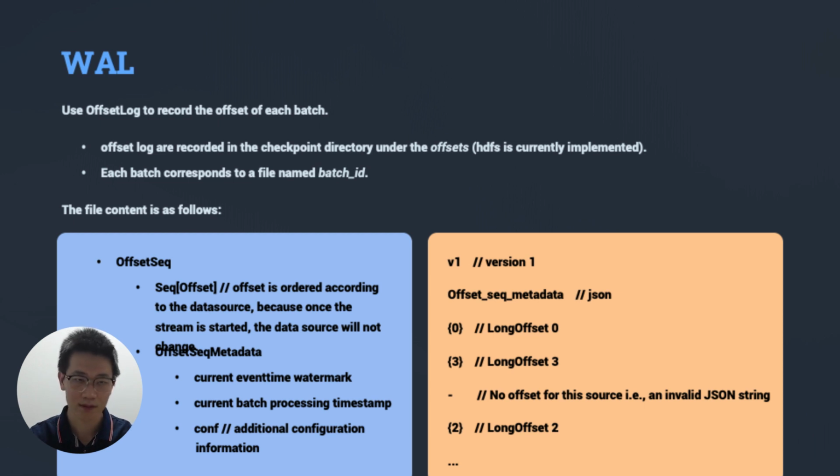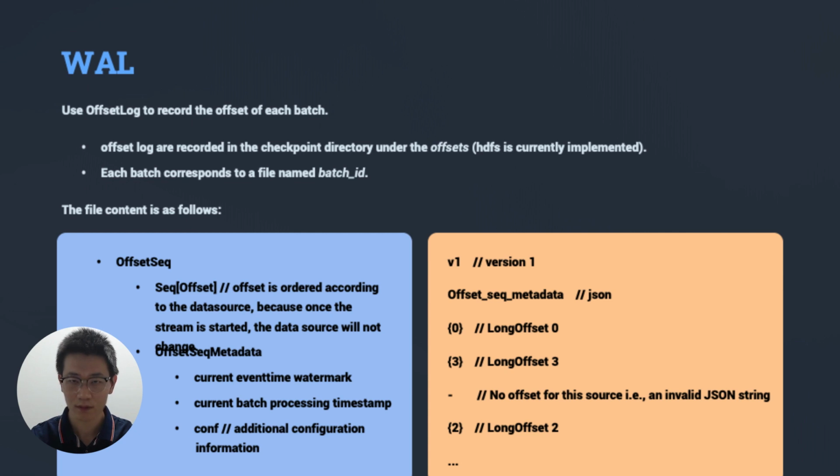Trigger represents what we need to do before processing the data. Well, what preparations do we need to make before processing it? We need to write the WAL. As you already know, if we want to build a highly available system, we definitely need a WAL.